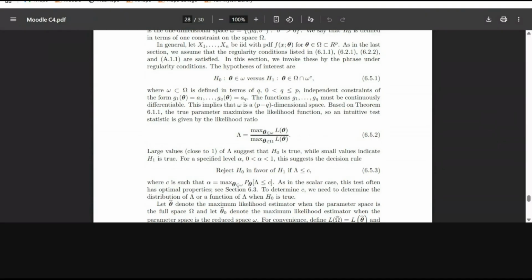Whereas the one at the bottom is the maximized likelihood over everything, not just the alternative space. That's the difference. The alternative statement is not everything. It is what the null isn't. But the likelihood ratio is formed as the maximum likelihood value under what the null says versus everything.